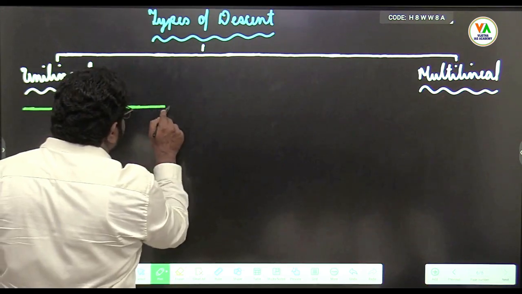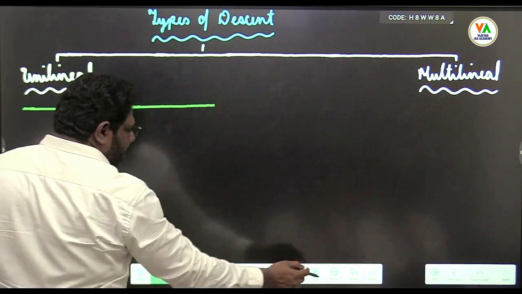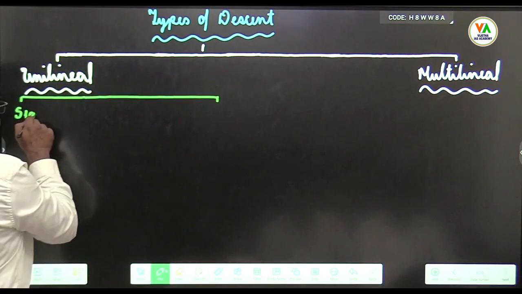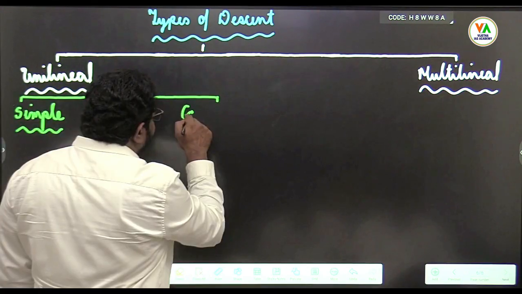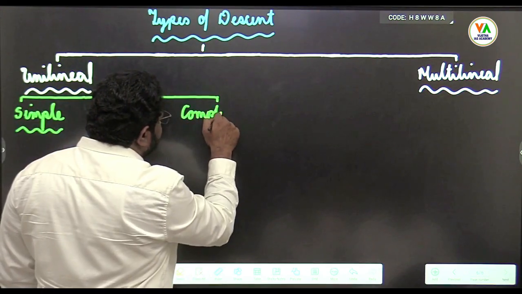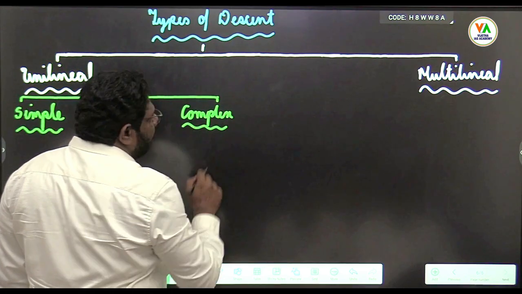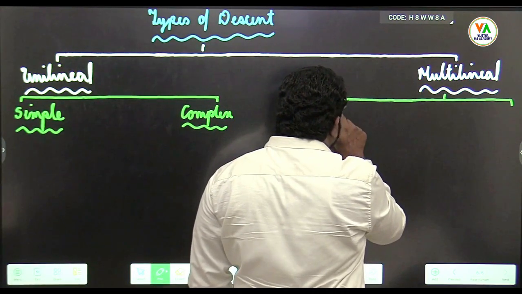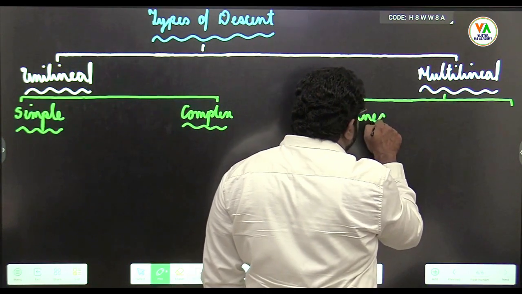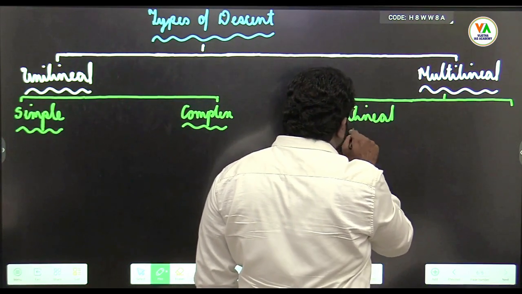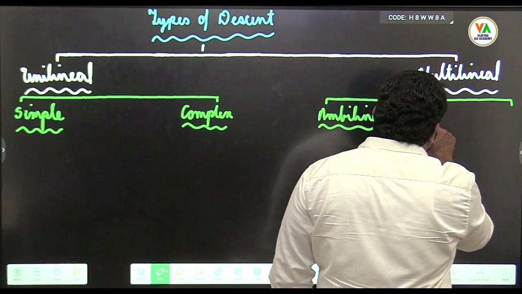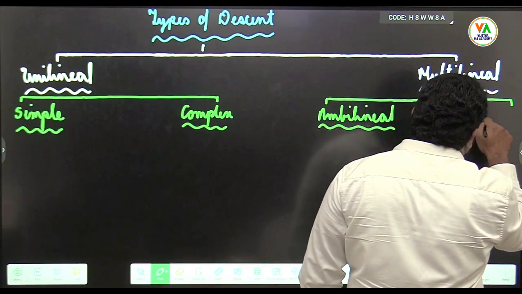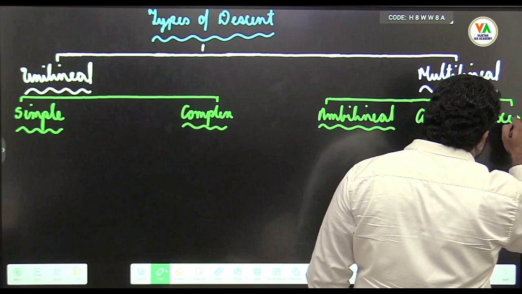Unilineal is again classified into two types: simple unilineal and complex unilineal. Multilineal is classified into ambilineal, cognatic, or otherwise known as mixed.